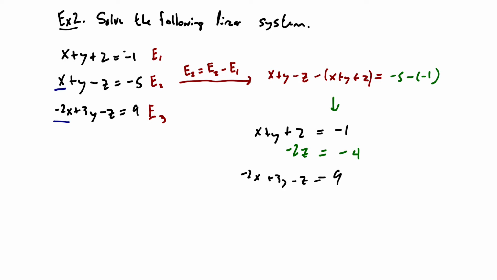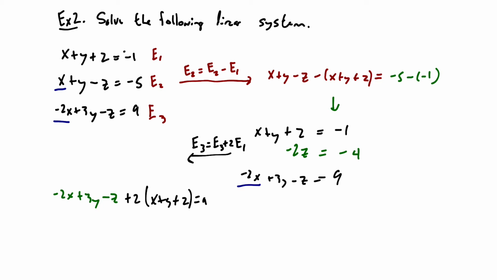So now, again, we want to get rid of this negative 2x using equation 1. And so we'll rewrite equation 3 as equation 3 plus 2 times equation 1. Therefore, we'll get negative 2x plus 3y minus z plus 2 times x plus y plus z is equal to 9 plus negative 2.